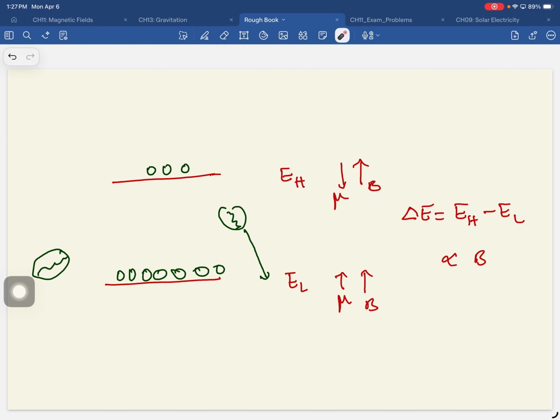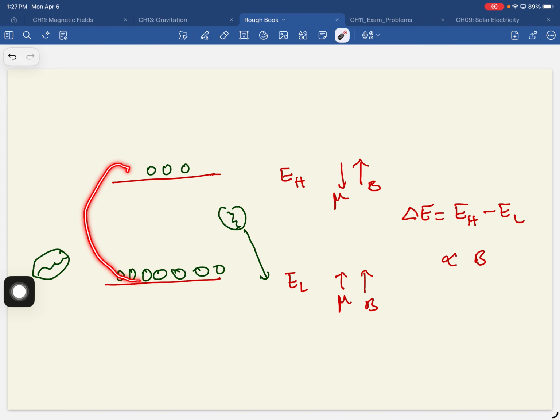Again, these protons that are parallel with the magnetic field are in the low energy state. That's a higher population, and this is a lower population. You excite them by sending a photon of energy exactly equal to the difference.